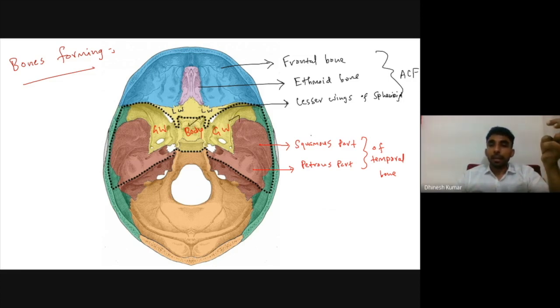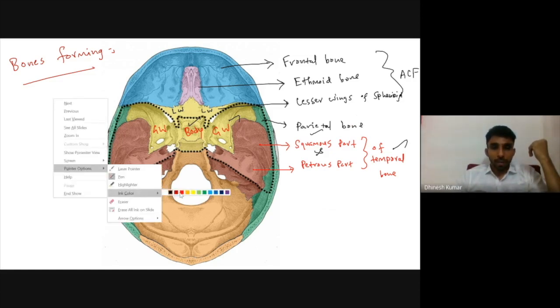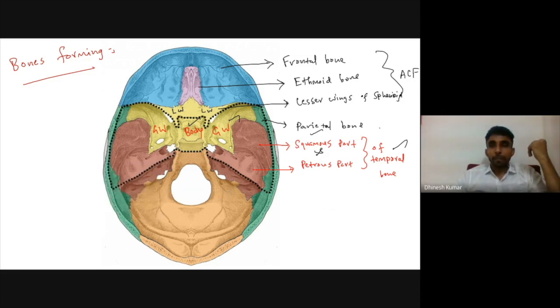Then the squamous part and the petrous part of temporal bone. And you can see the green color structure, that is the parietal bone. So parietal bone is also forming a small contribution for the middle cranial fossa. I hope you are clear how the middle cranial fossa is formed.